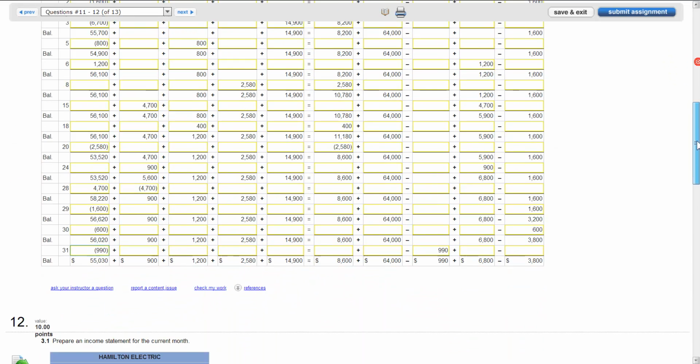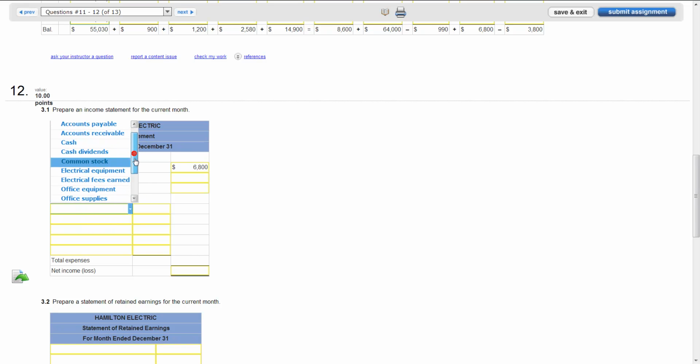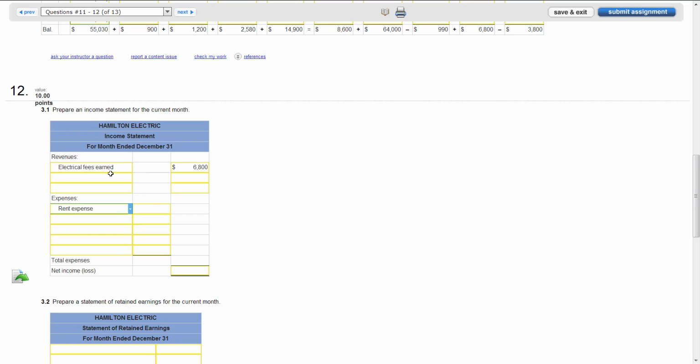So let's put it in the rent expense. If you had paid rent more than one time, you would have added up the whole period and put the grand total of the rent. I have only one amount here for rent for the month.